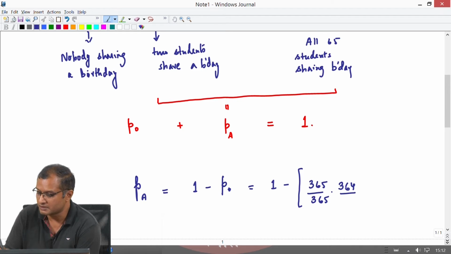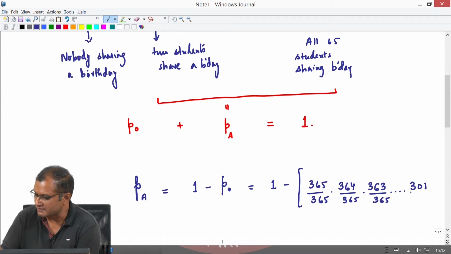So, he is left with one less day. Okay. The third student who comes sees that the first two students have already taken 2 days in the year. So, his number of days accessible is restricted to 363 out of a total of 365. Okay. And this way the last student has only 301 days available, and that is the probability of his birthday being one of them.